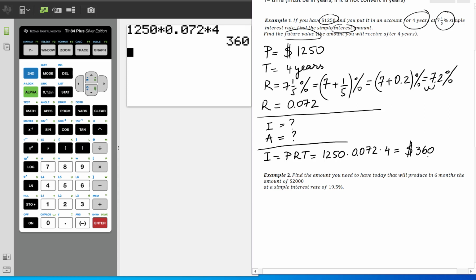This is how much you will earn in interest from having the 1,250 in the account for 4 years.